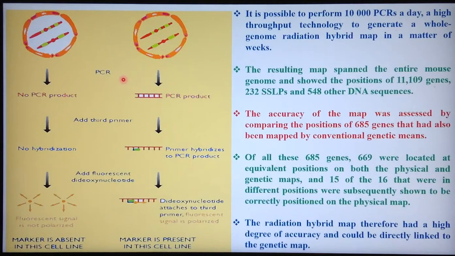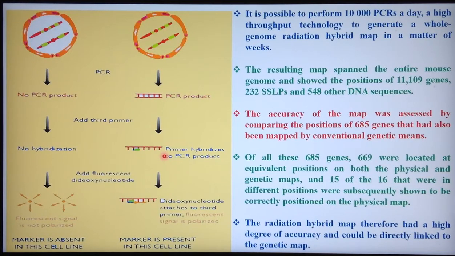When we are trying to type these cells with the help of PCR, we type using a specific PCR. If the marker is present, we will get a positive signal, and if the marker is not present, we will not get a positive signal. Radiation hybrids were very highly useful for genetic mapping, for the mapping of different genes, different ESTs, and different STSs present on a particular radiation hybrid.